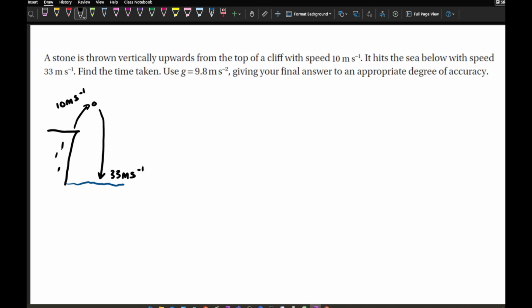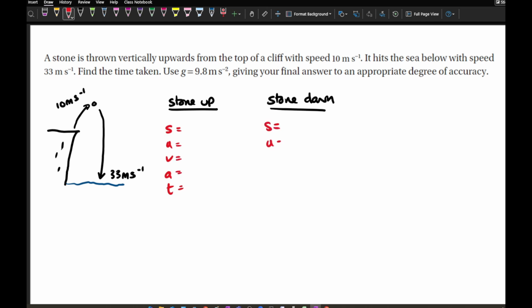So with this, we've got a two-step scenario. We've got the stone going up, and we've got the stone going down. So if I start by writing my SUVAT, and the same for the stone going down, we can then start filling in the values.